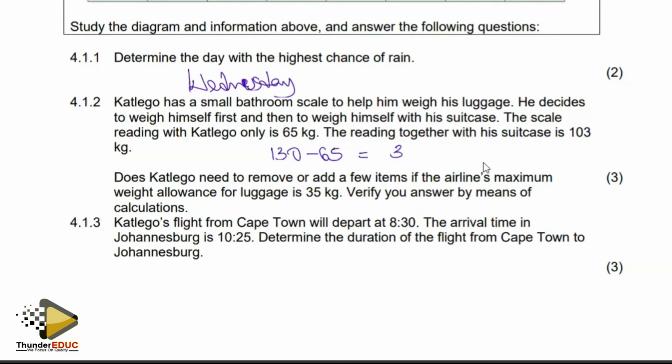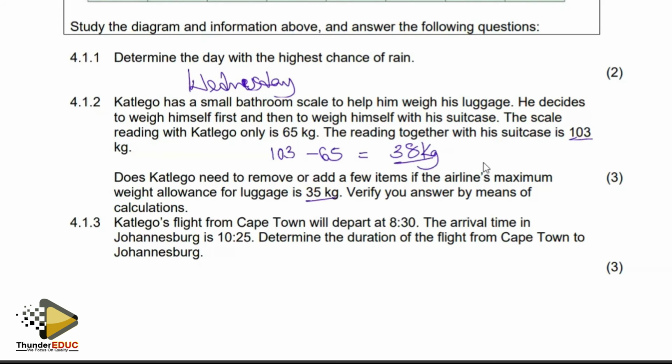38 kg. So if it's 38, sorry, this is 103. 103, this one here. If it's 38, that means, remember, the airline gives him 35.